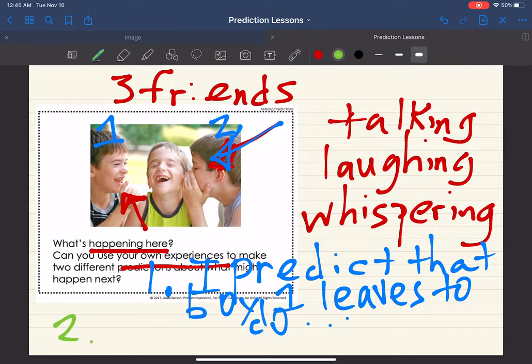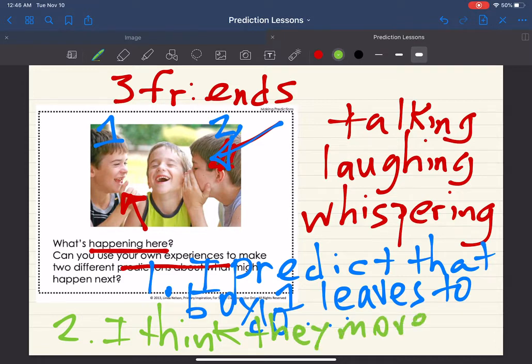Okay, but a different prediction would be, I predict, or I think, they move on. That the whispering doesn't affect the other boy, doesn't make the other boy feel left out, and that they're all sharing friends.